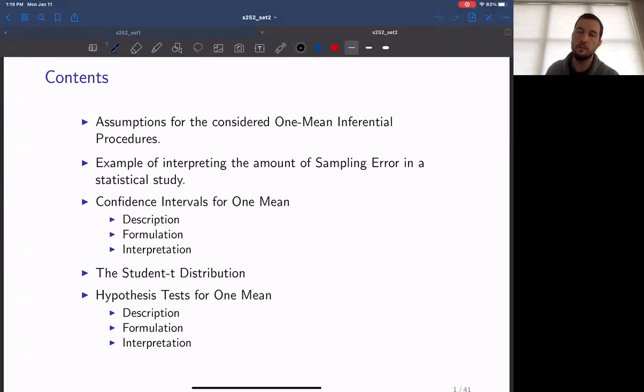We're going to talk about these using 2 different distributions, the standard normal distribution and the student t distribution, and when to differentiate between each. We will talk about interpretation of the interval and interpretation of the hypothesis test, and we will also talk about relationships between the 2. So how you can essentially infer the result of one from another.